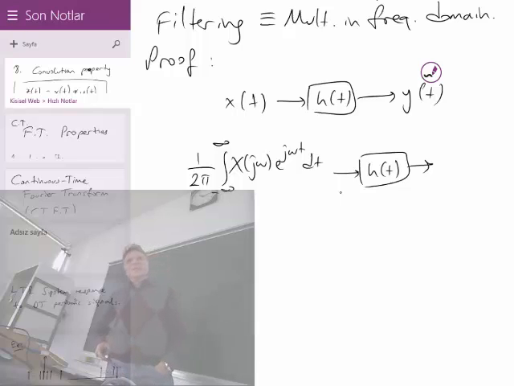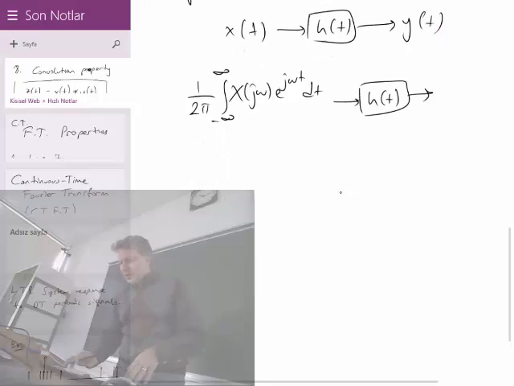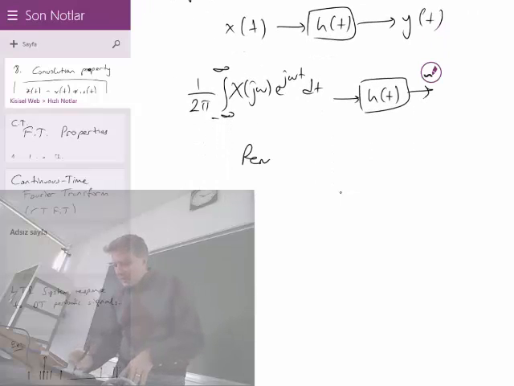The output requires the knowledge of one thing that we have seen previously. Now, if only this thing, e to the j omega t, comes into h of t, what was the output? Do you remember that?